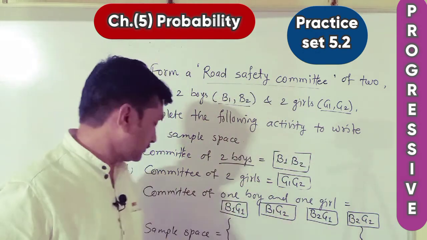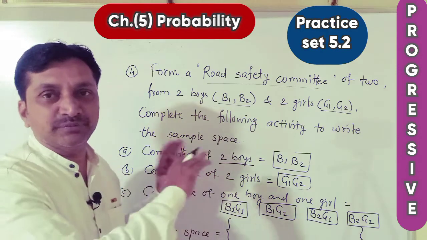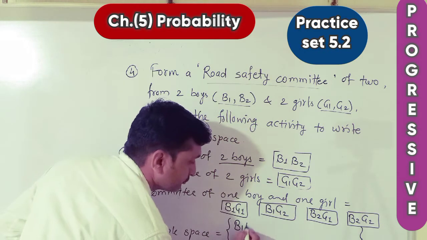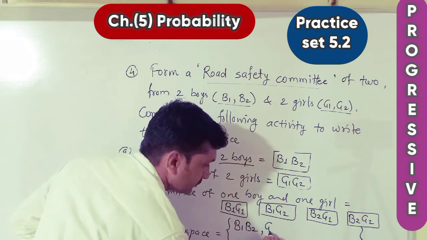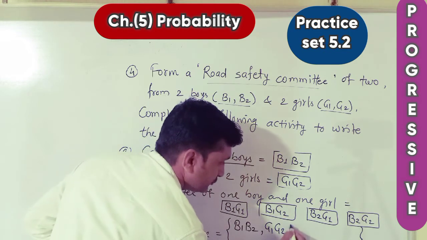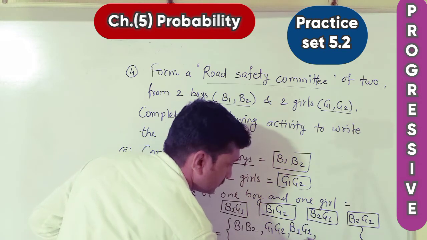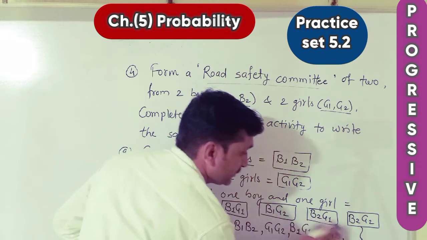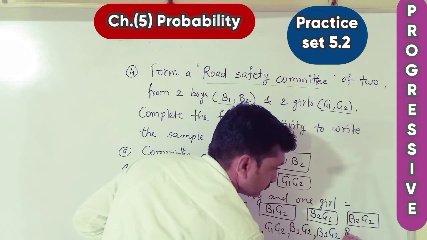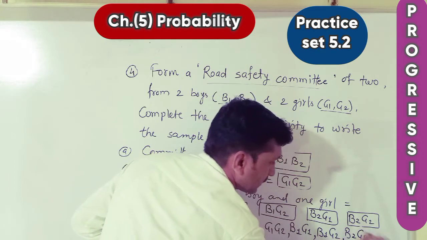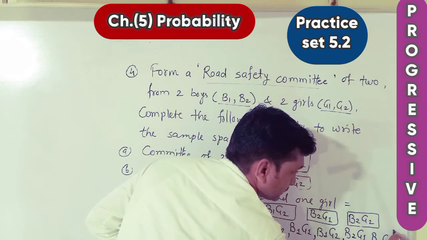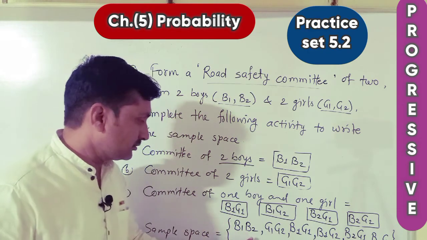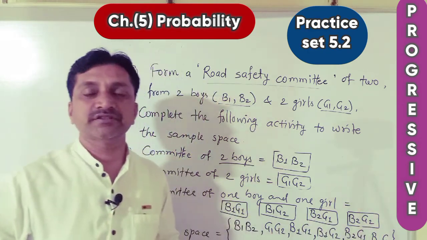Sample space means all possibilities, all these groups will come: B1B2, G1G2, B1G1, B1G2, B2G1 and last B2G2. This is the sample space, and NS is 1, 2, 3, 4, 5, 6, therefore NS is equal to 6.